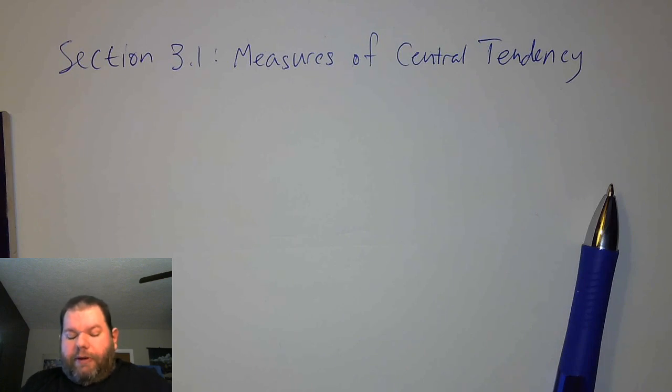So when we talk about central tendency, the idea is that we want to be able to find, where is the center of the set? And how do we define the center of the set? Because it turns out there's different ways.